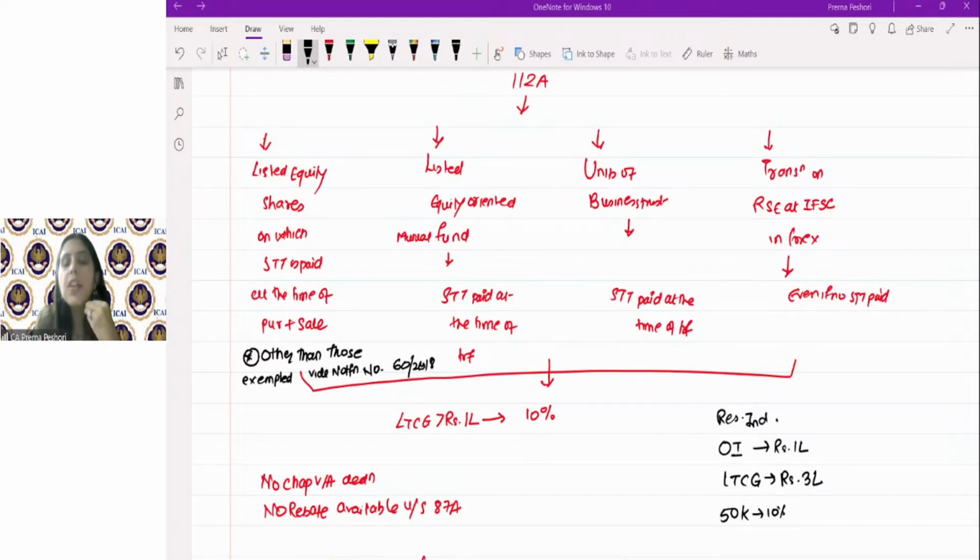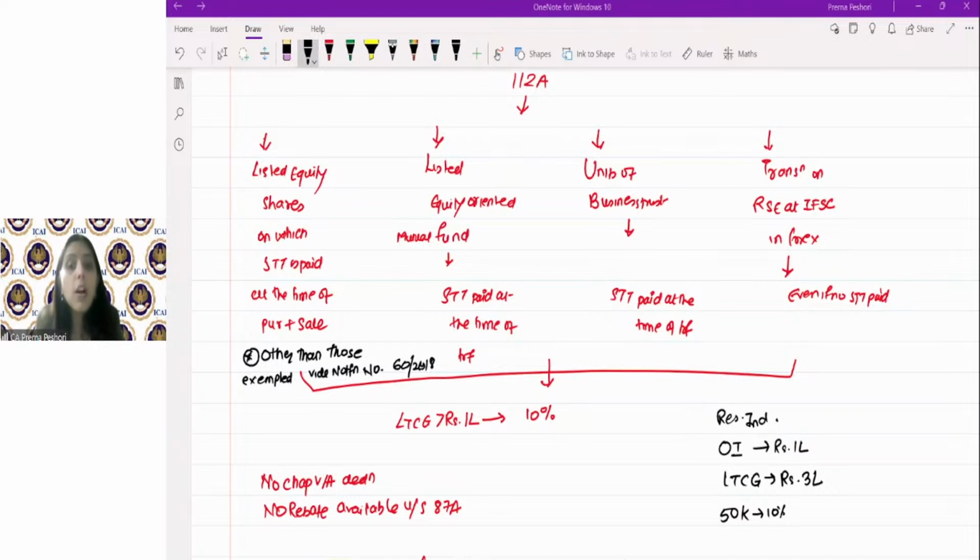These are preferential issues, and therefore there will not be any problem. Then in the case where the acquisition is by the banks, or where the acquisition is under the ESOP scheme, because under ESOP I'm not purchasing through the market, STT would not have been paid at the time of purchase.